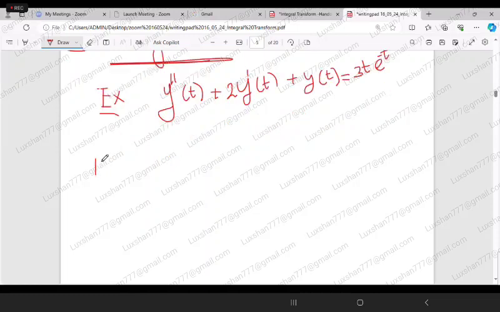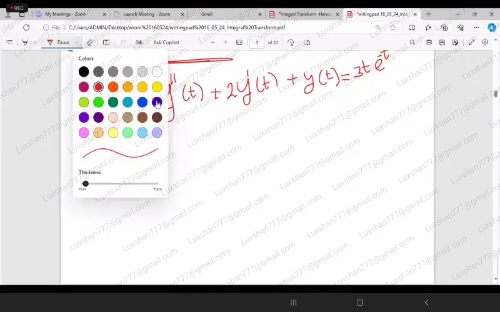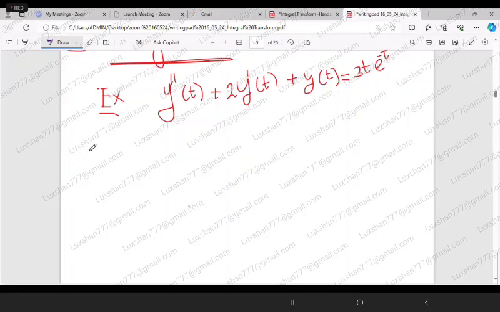So the first step is to take the Laplace transform. This is the common procedure for any question. I will write the steps one by one. Step one: take Laplace both sides.